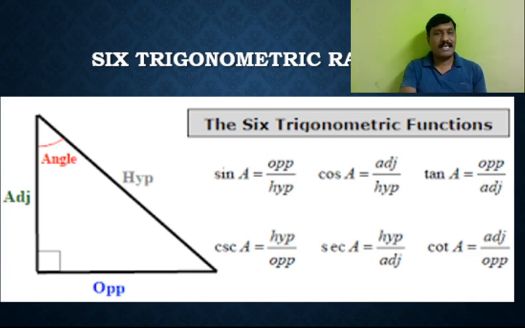Here cosec A. Already I told you cosec is the reciprocal of sine, that is hypotenuse by opposite is cosec A. The shortcut is CSC, but we write it as cosec. As in the previous slide, you can write it as cosec only.